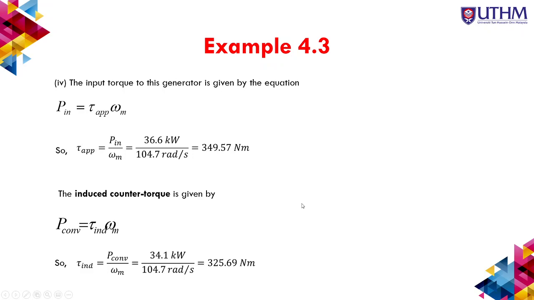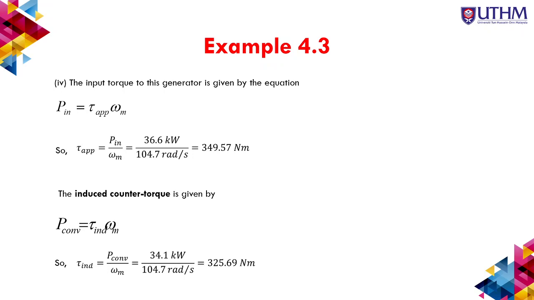In order to get the applied torque of the generator, it comes from the P in. By applied, we mean the prime mover: what is the torque that the prime mover needs to produce?